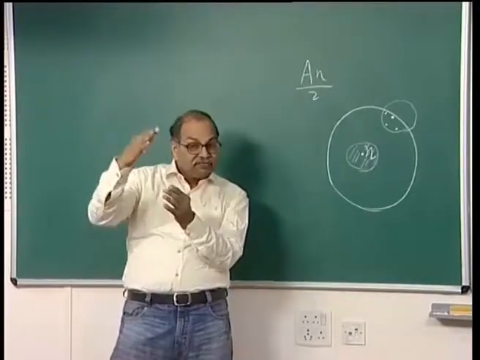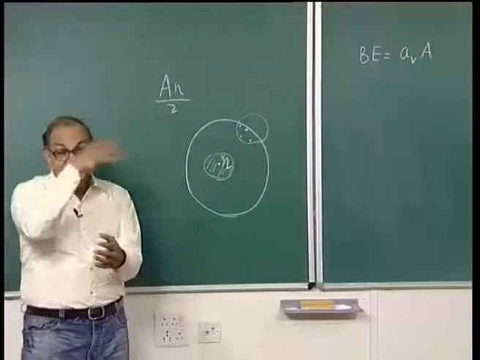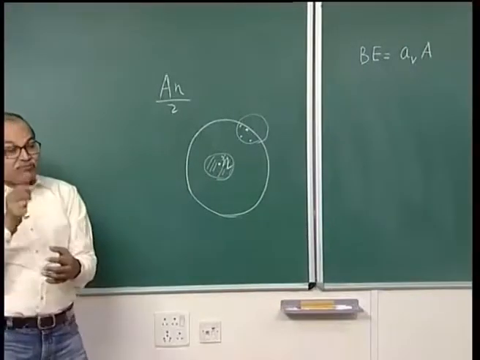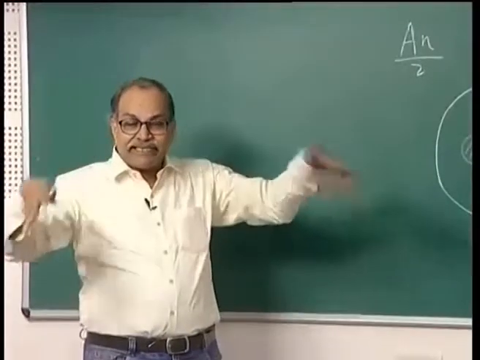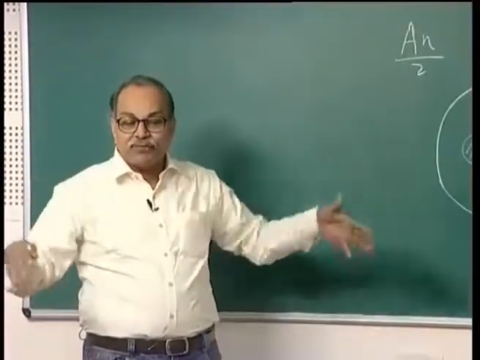On the surface means, once again, there is no sharp boundary of the nucleus, but still close to the surface where the density goes very low.